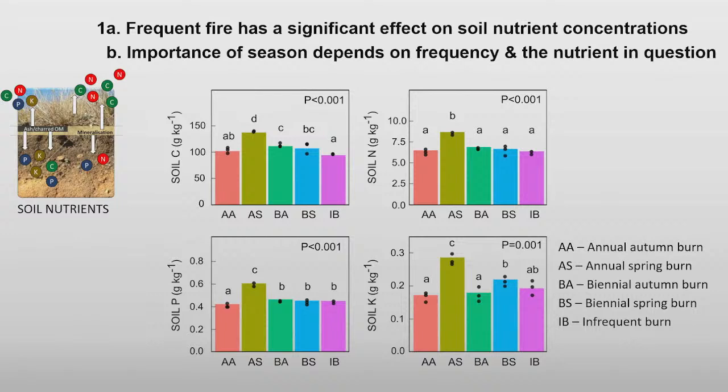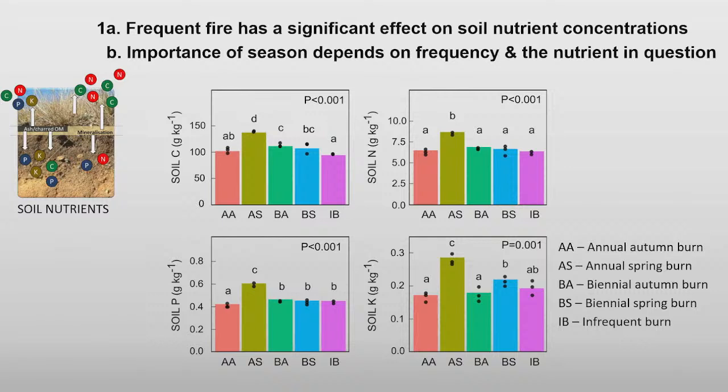Well, we know that frequent fires are a great promoter of plant productivity in these grasslands, both above ground biomass, but also probably more importantly in increasing root development.